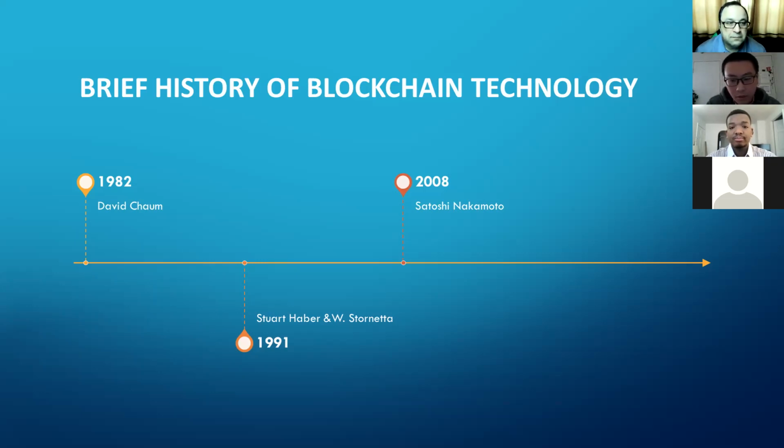And in 2008 comes Satoshi, and we don't even know if this is a real name for one person or a group of engineers. But this is a very famous giant in blockchain technology, because he published a white paper and introduced a decentralized peer-to-peer electronic cash system. It's called Bitcoin.